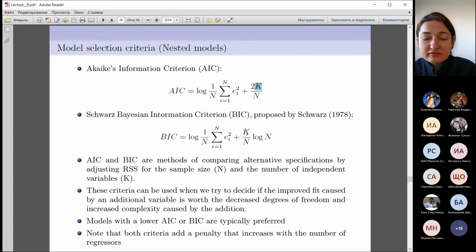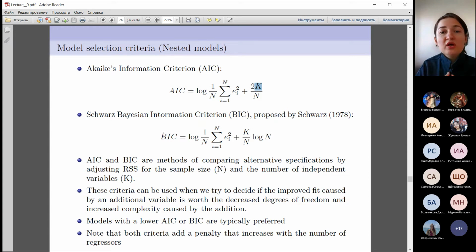And such a decision could be very arguable, yeah. And models with the smallest AIC and BIC criteria are typically preferred. So if you cannot choose which model is better based on theoretical background, based on some other indicators, you can also take a look at AIC and BIC, and they can help you. And you should choose the model with the smallest values of AIC and BIC.